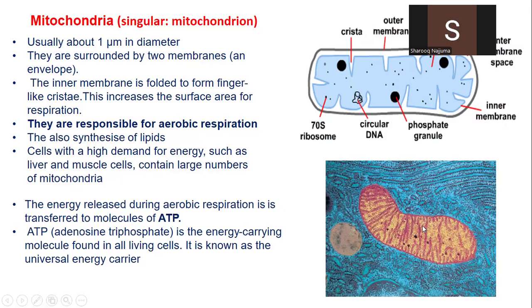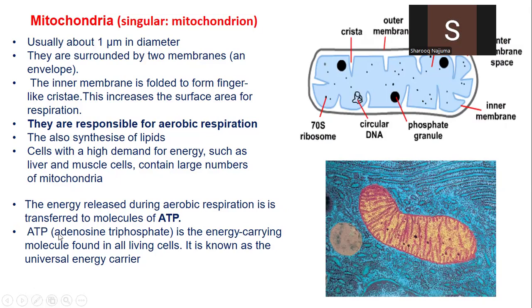And when you look at this mitochondrion, its major role is to carry out aerobic respiration, releasing energy for the cell. So it uses molecules such as glucose to be able to release energy in the form of ATP, which is adenosine triphosphate.